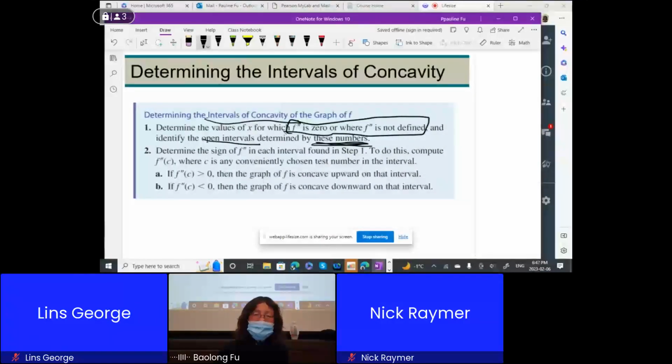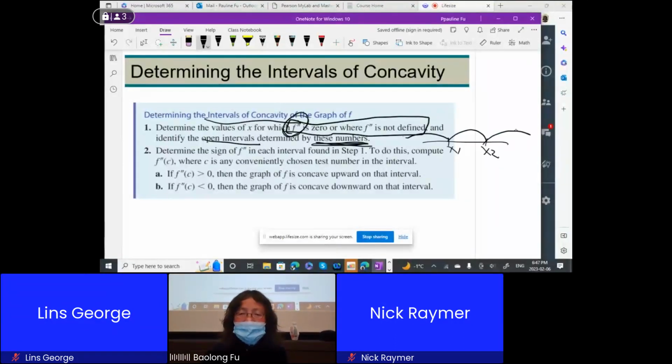If you got 2 numbers that make the second derivative 0, you have 3 open intervals. This is x1, this is x2. This is interval 1, interval 2, interval 3.